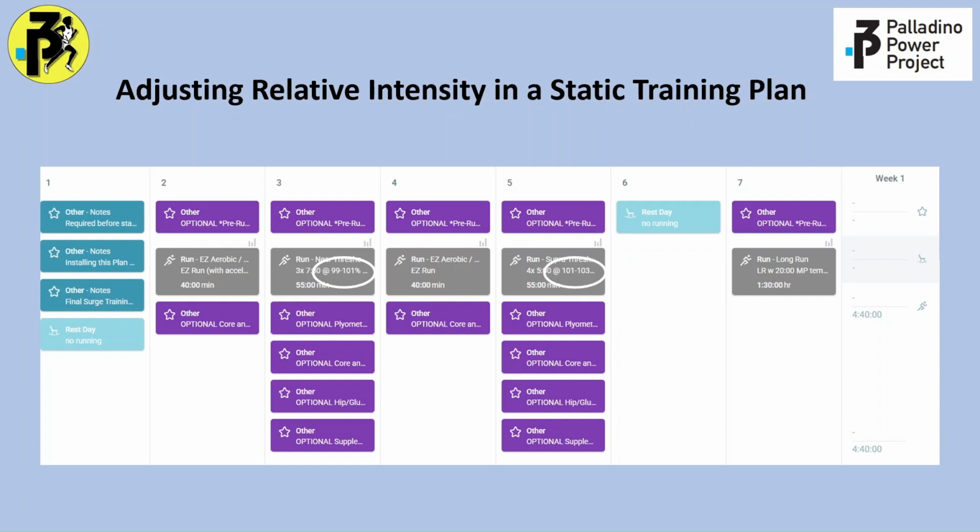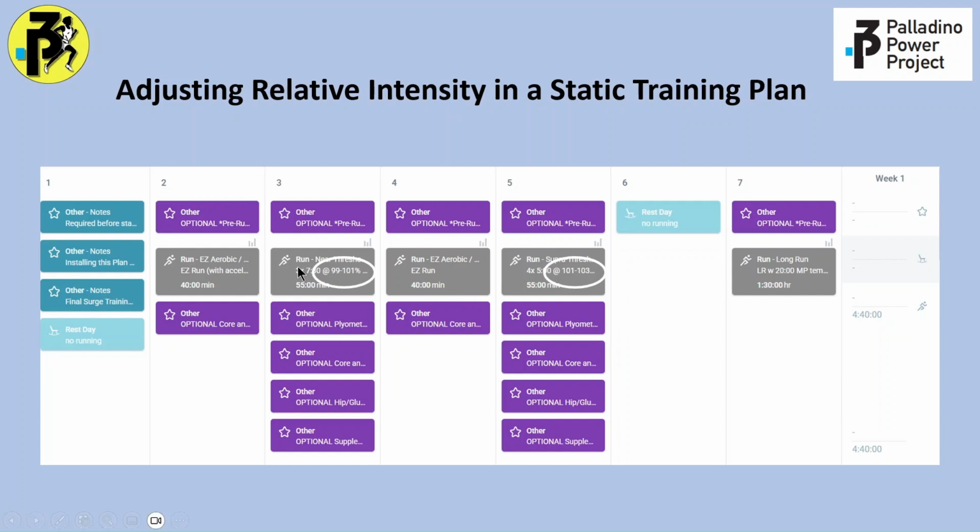This one is adjusting the relative intensity that's prescribed in static training plans. We'll focus primarily on these higher intensities. In the easy run, it's less than or equal to 80% of a valid CP, and beyond that, conversational effort is the primary guide, and people can be anywhere from 80% down to 75% or even lower than that when they're running an easy aerobic run, as long as they're at conversational pace.